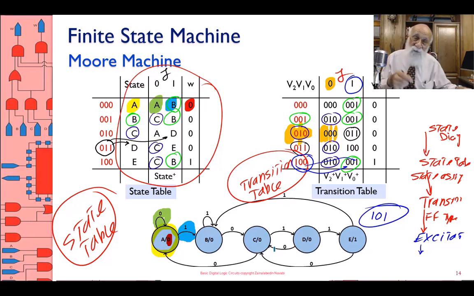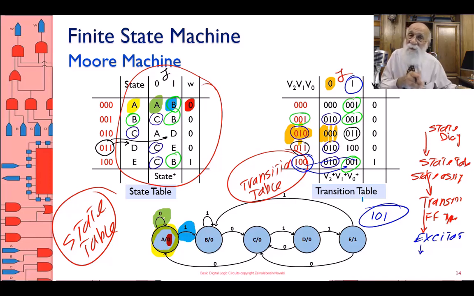Then we said, well, the transition table gives you the next state. I don't want the next state. I want a table that I can turn into Karnaugh maps. Therefore we said, okay, let's take the next state out and change the transition table to inputs of flip-flops, such that with those inputs I will be able to cause these required transitions.